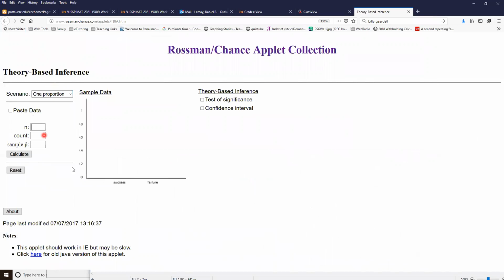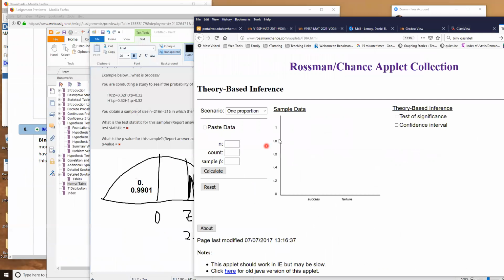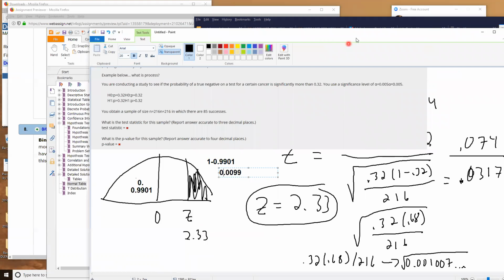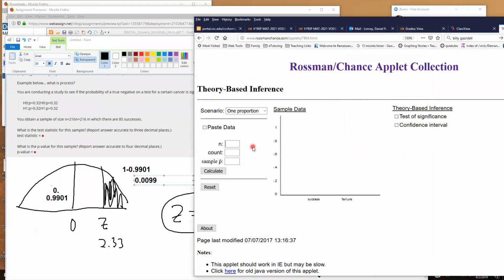We had 216 in our sample. We had 85 successes. And there's our p-hat.